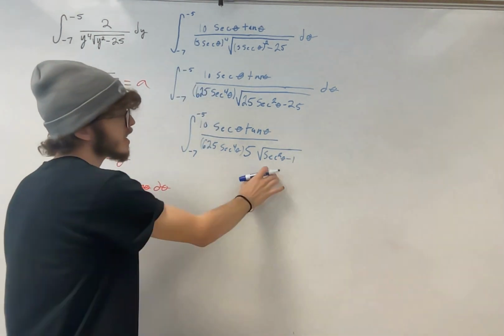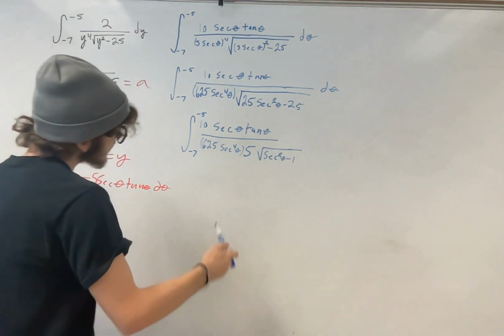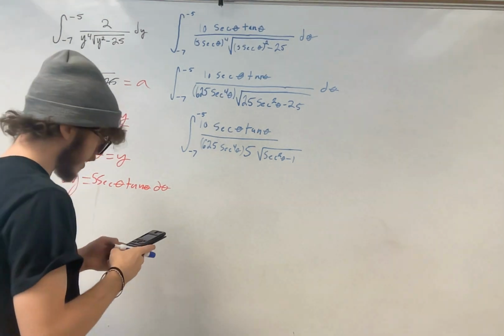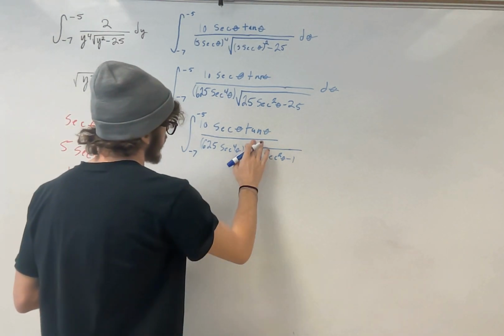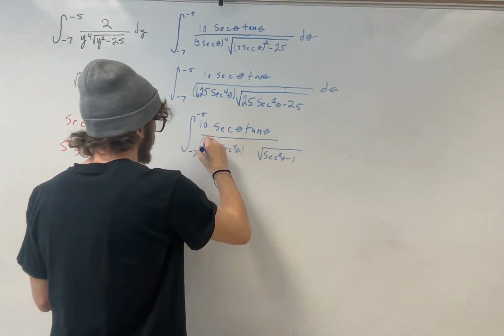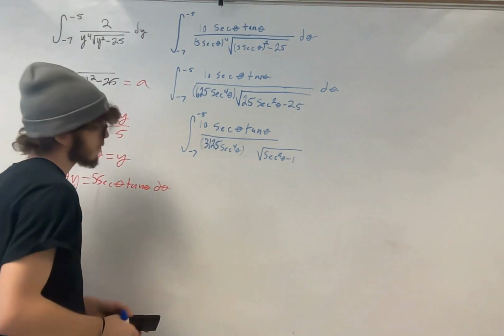The reason I did this is because I'm going to notice an identity, but before we get to that, let's multiply this in to simplify. So 625 times 5 turns out to be 3,125 secant to the 4th theta.